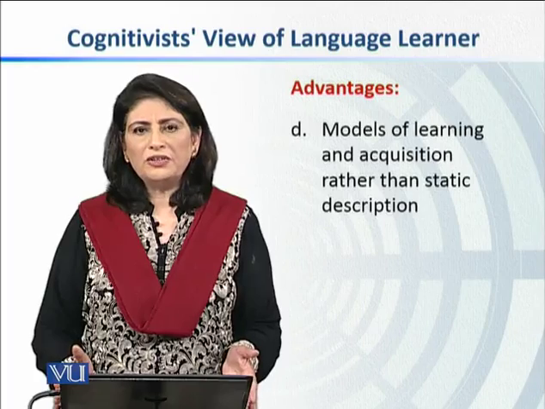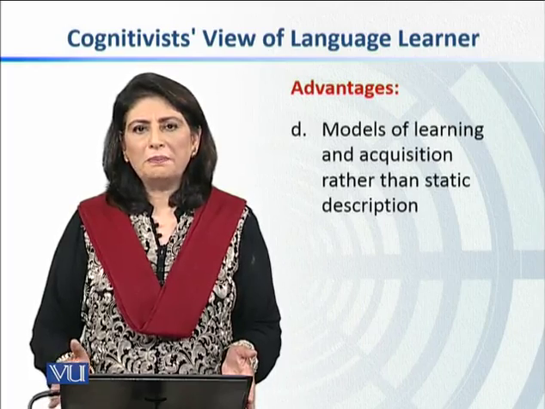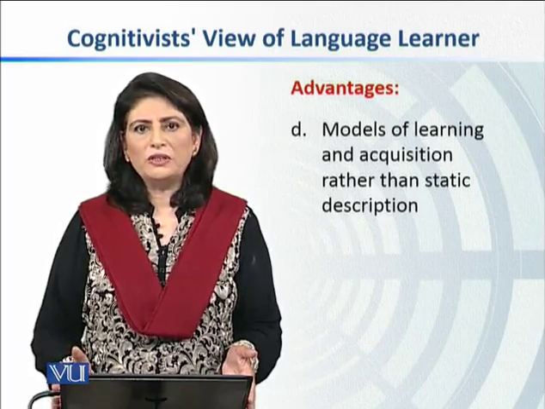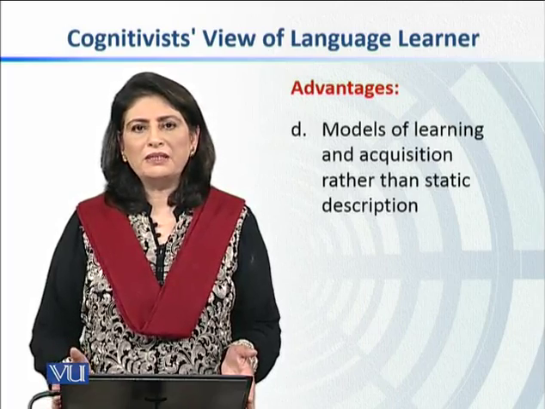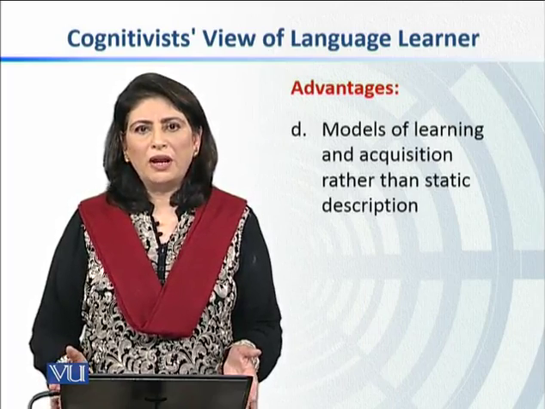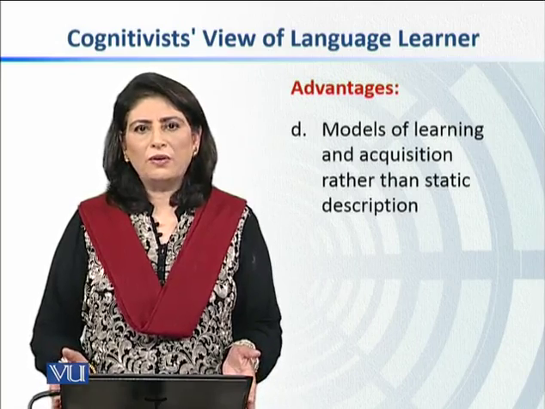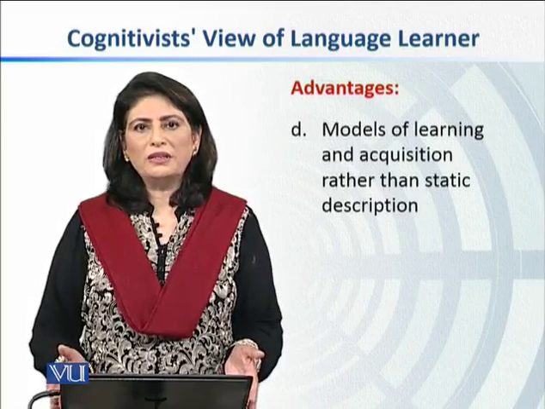So it is less interested in the innate capacity of individuals that enables them to learn a language. Rather, they say any language that is learned is based on the basic principles of information processing that goes on in the minds of individuals.